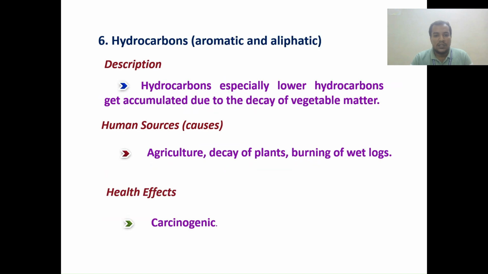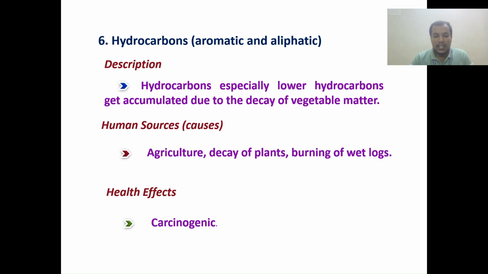And hydrocarbons: aromatic and aliphatic compounds are present in hydrocarbons. Lower hydrocarbons especially accumulate due to the decay of vegetable matter. Human sources are mostly agriculture, decay of plants, and the burning of wet logs. These are the sources of production of hydrocarbons.